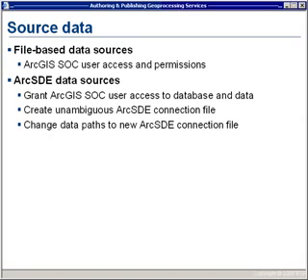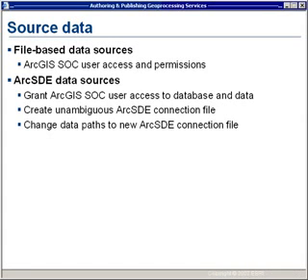The second item we need to examine when authoring a geoprocessing service is the source data used in that geoprocessing service. Source data comes in two forms: file-based data sources, such as shapefiles, file-based geodatabases, or personal geodatabases running on Microsoft Access.